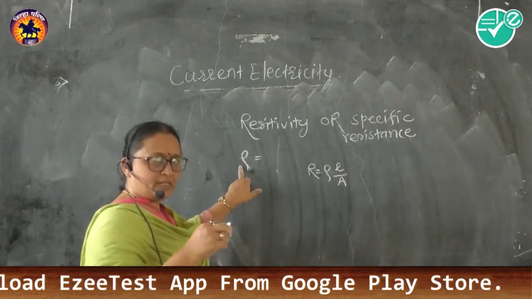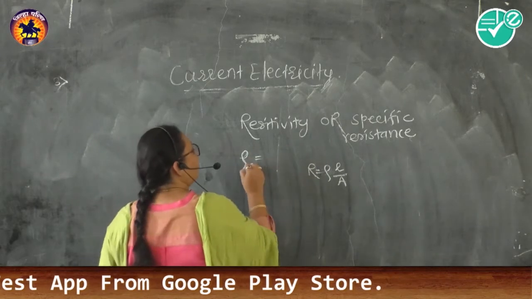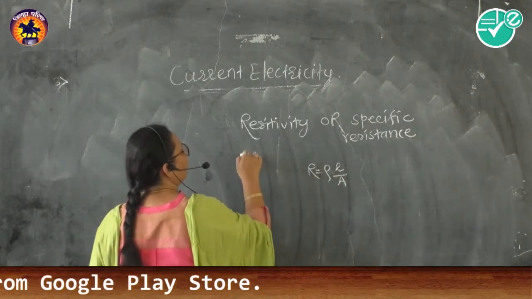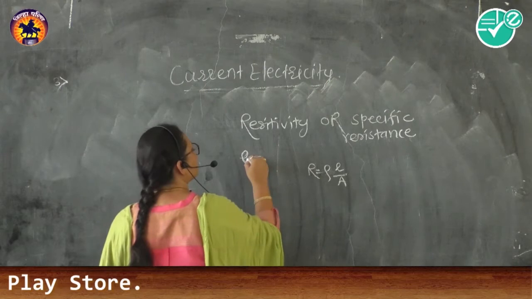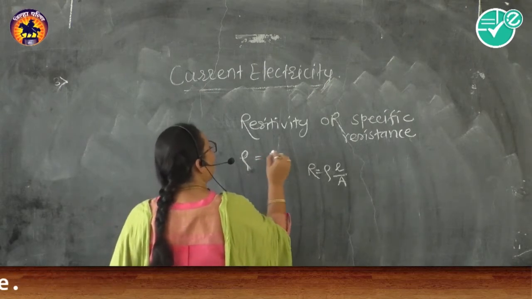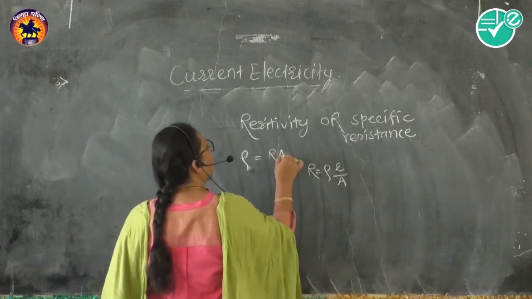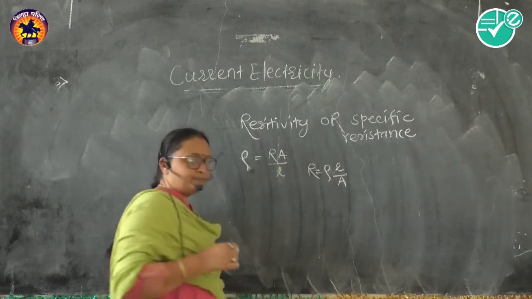Here rho is the specific resistance, and therefore from this relation we can formulate the specific resistance: rho is equal to R into A divided by L.